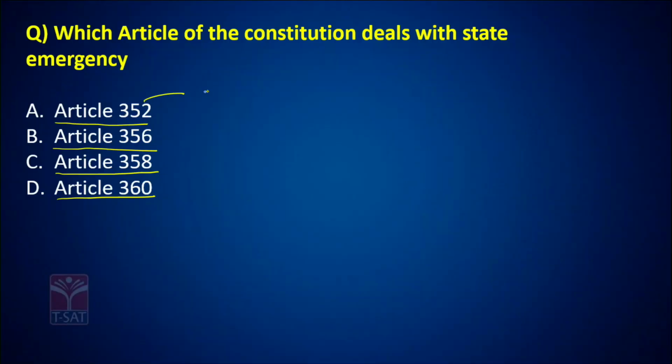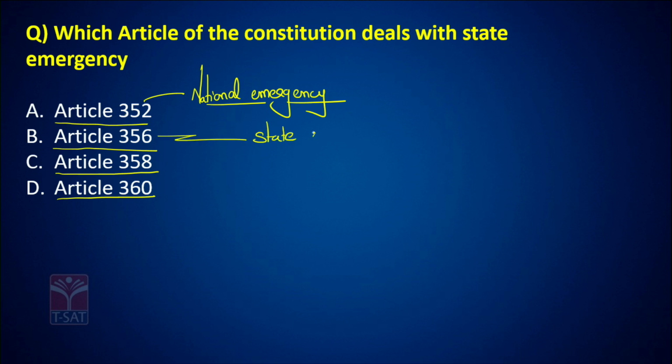Article 352 talks about national emergency. Article 356 talks about state emergency or President's rule. So the answer is B.